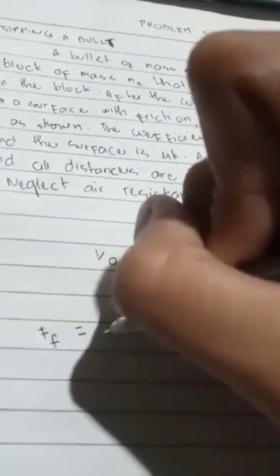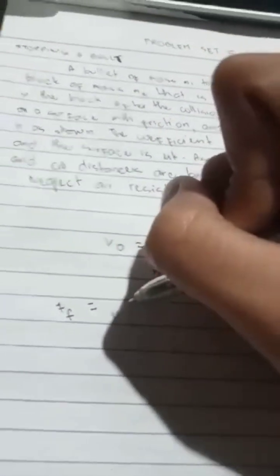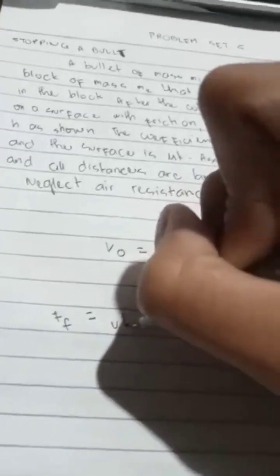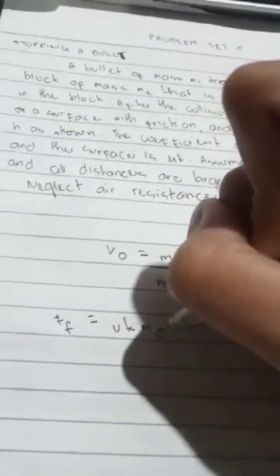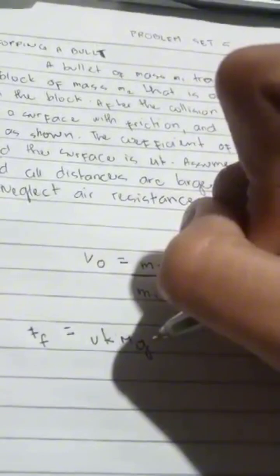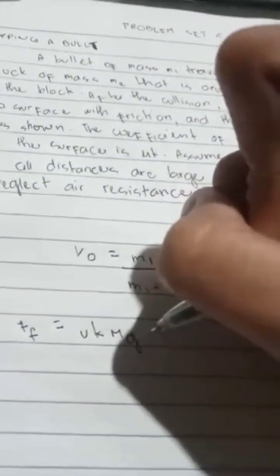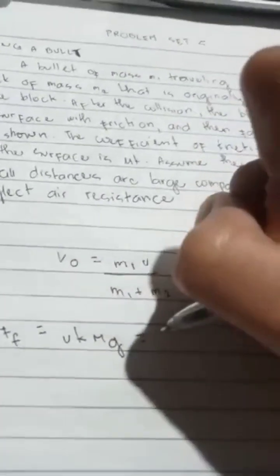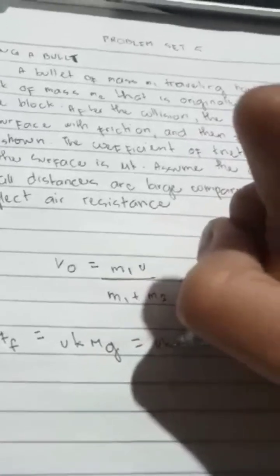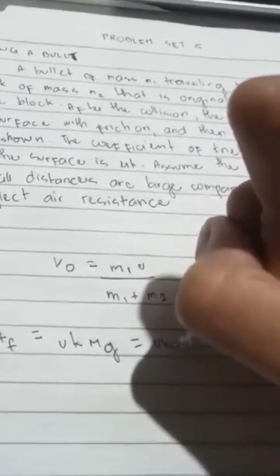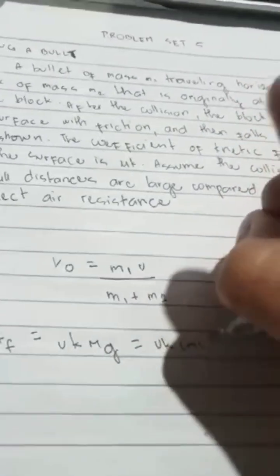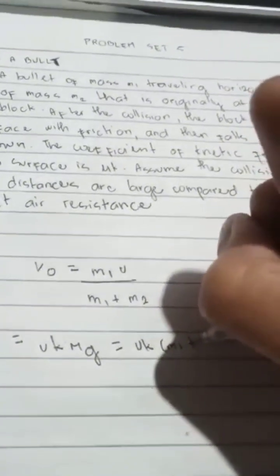So, the frictional force is equal to the coefficient of kinetic friction multiplied by the total weight of the bullet and block system. The total weight is the combined mass of the bullet and the block multiplied by gravity.